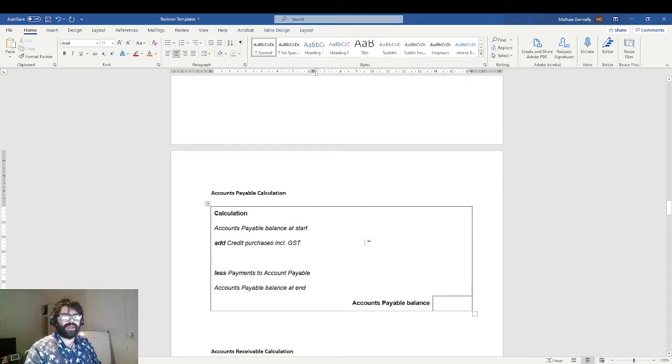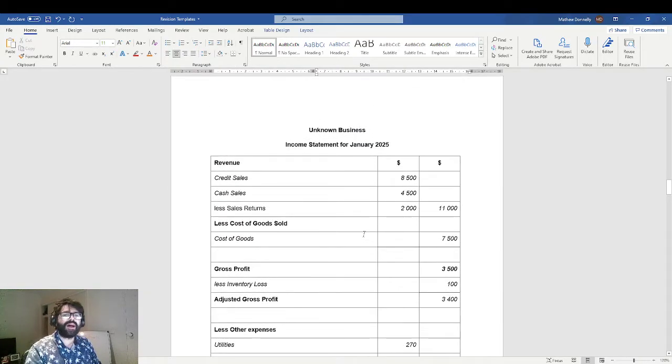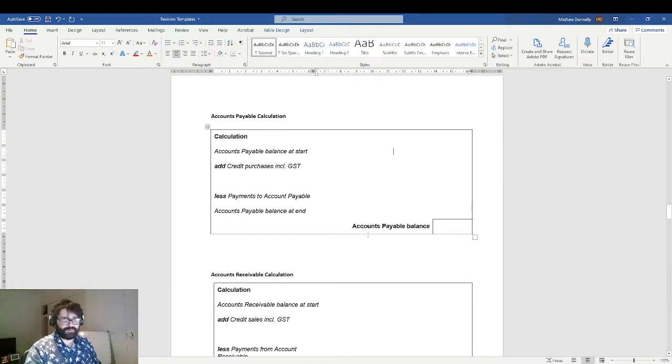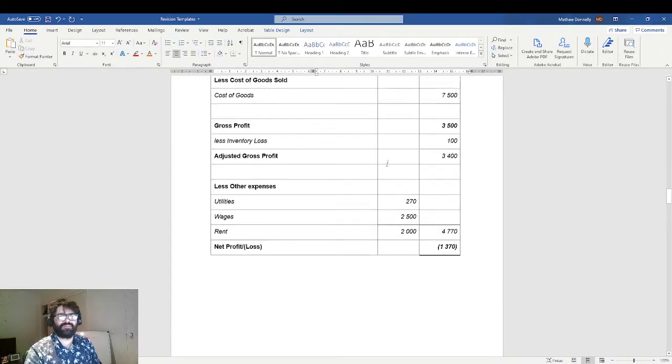Accounts payable, the balance at the start was 0. The reason it's 0 is because it's a new business, and so you just go by the previous month's balance sheet or the amount you're given. We add credit purchases plus GST. So we find our credit purchases.